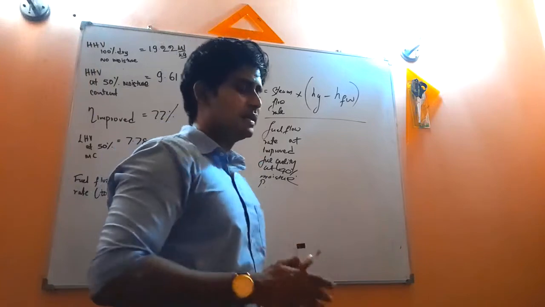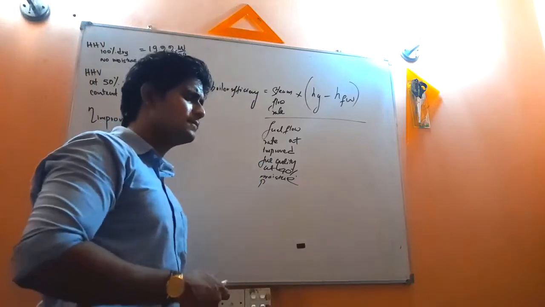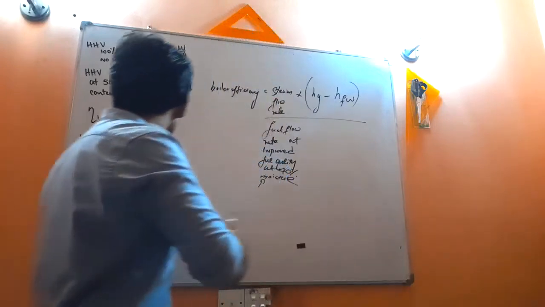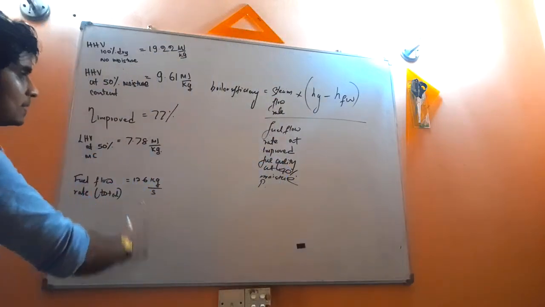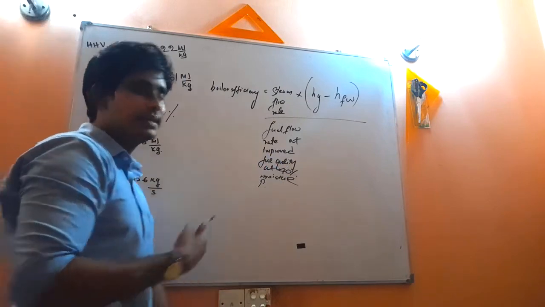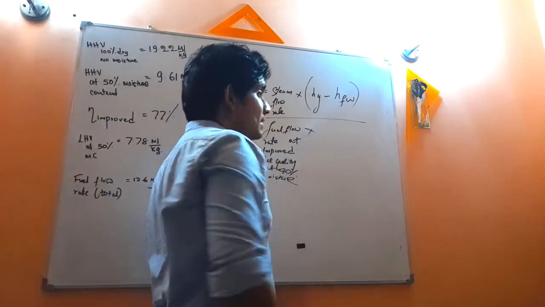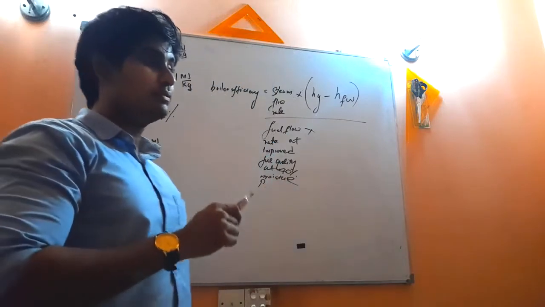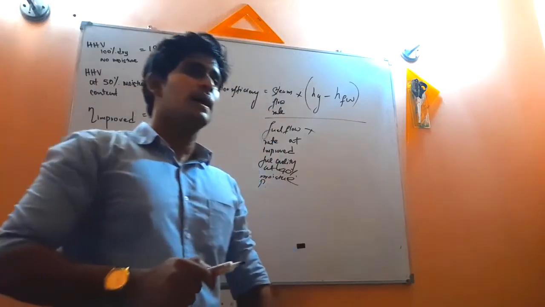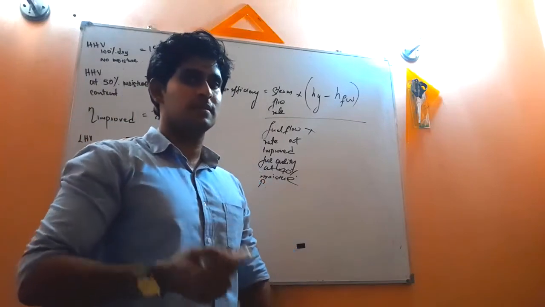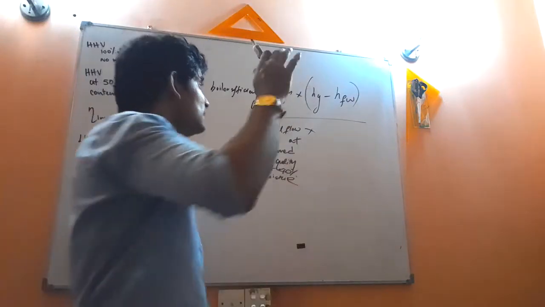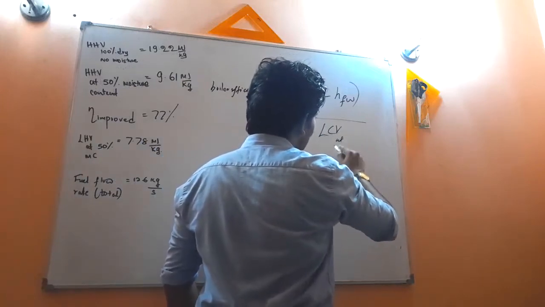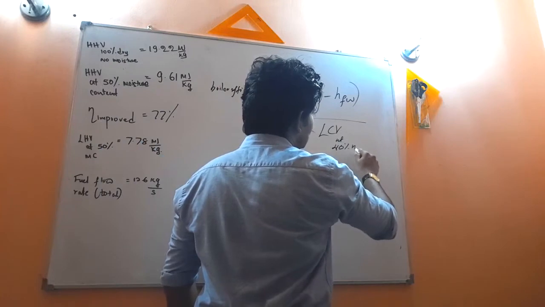In the previous part I told you how to evaluate the fuel flow rate when the fuel quality is improved, which is 12.6 here. And the next thing that you need to find, very carefully, is the lower heating value, because earlier we evaluated the lower heating value at 50% moisture content. So you need to evaluate the lower heating value at 40% moisture content.